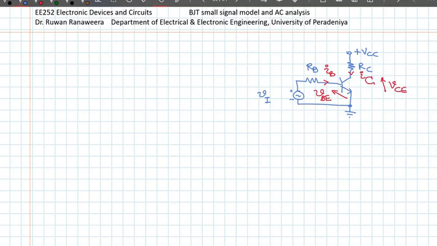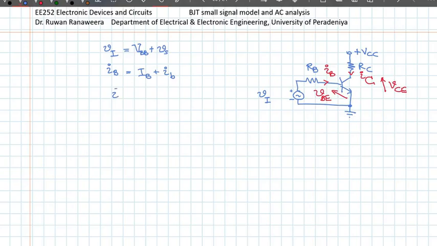So let me make that a point. We have the VI, which is actually the DC component VBB plus a pure sinusoid Vs. So IB is basically capital IB, which is the bias current, plus the signal current IB.